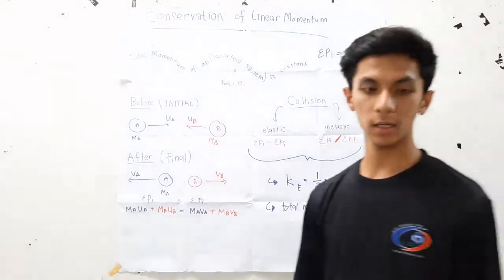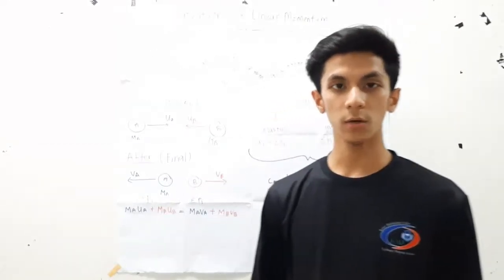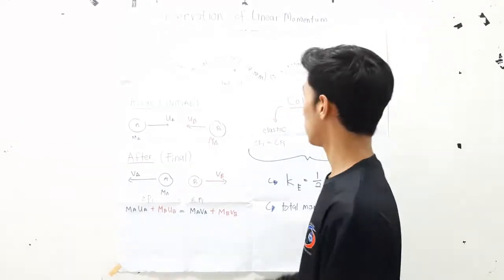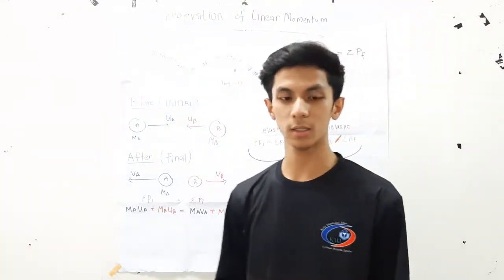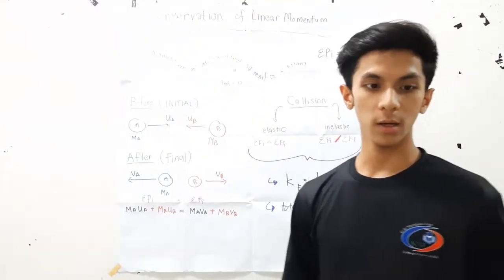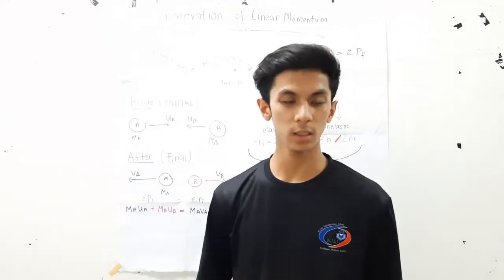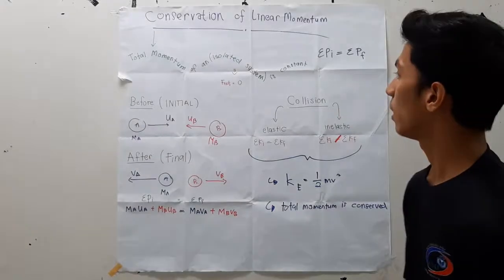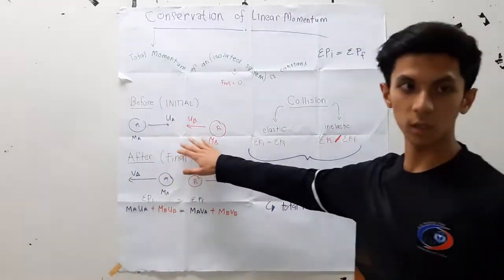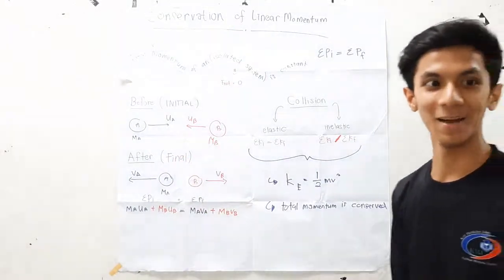An isolated system is a system for which the external force is zero, which is F net equal to zero. That is, one on which there are no external forces, or for which the external forces are balanced and add to zero.